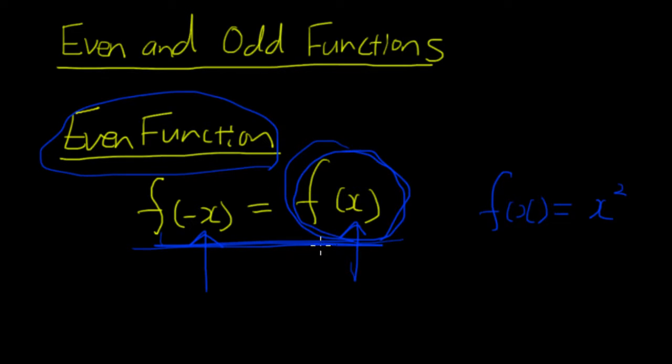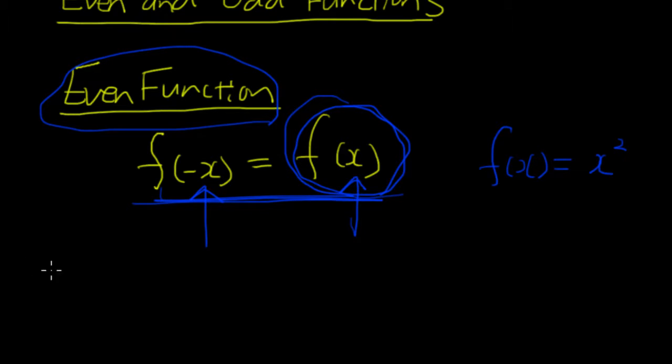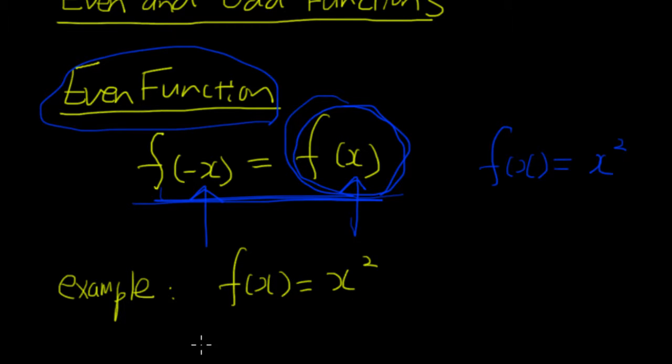So, let's check out this example here. Let's say f of x equal x squared. To test whether it's even function or not, we should check f of negative x. So what does f of negative x mean and what should it be? Well, you are just replacing this x by negative x.